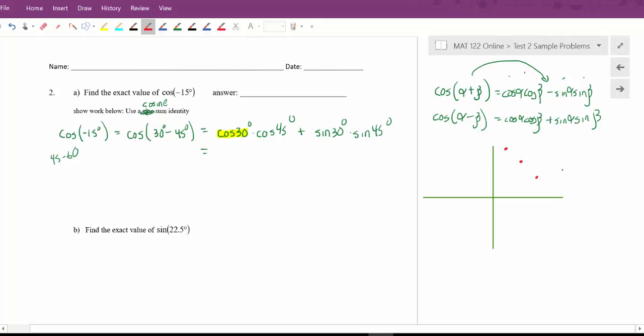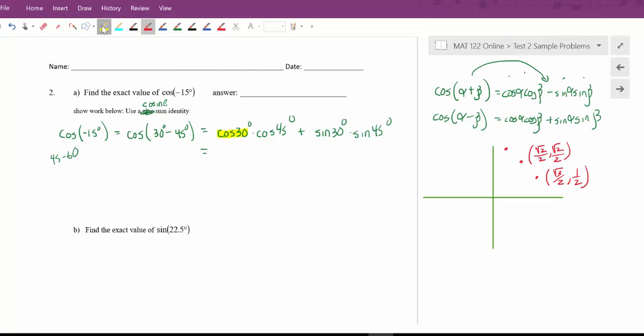There's 30, 45, and 60. And the point on 30 goes like this. The x value is as big as it can be, so this is going 1, 2, 3. So that's square root of 3 over 2. The y values are getting bigger, so 1, 2, 3. So that's 1/2. And then this point right here, for 45, is going to be square root of 2 over 2, square root of 2 over 2, like that.